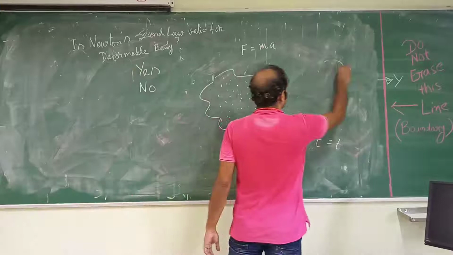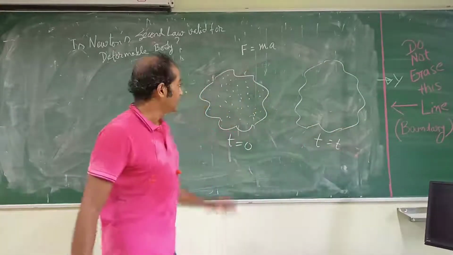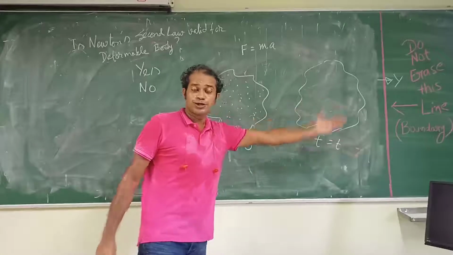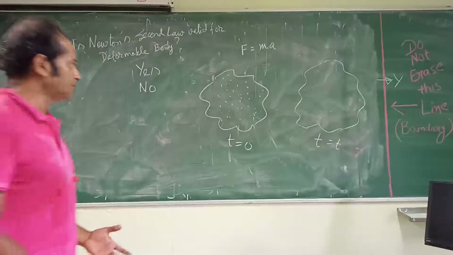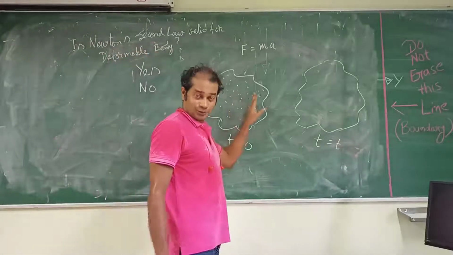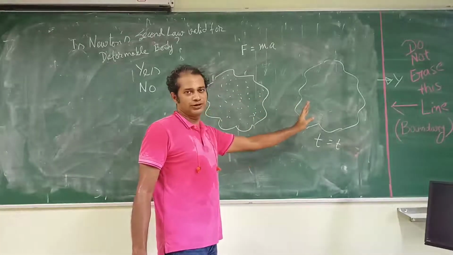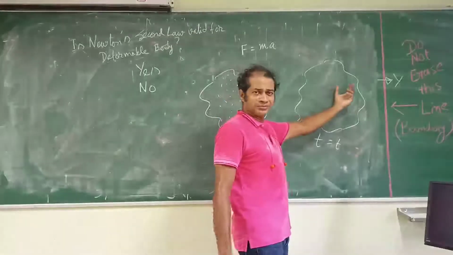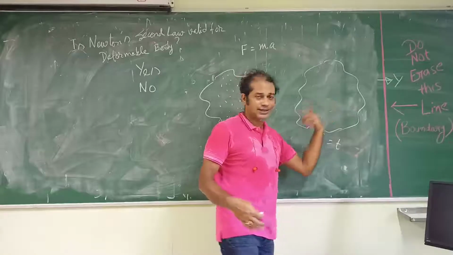So let's say this body has taken somewhat like this. It has deformed, it has moved, translated, rotated. For example, you have a football, which is a deformable body, and you have kicked it. So at any instant of time, it has translated, rotated, deformed and taken this position.